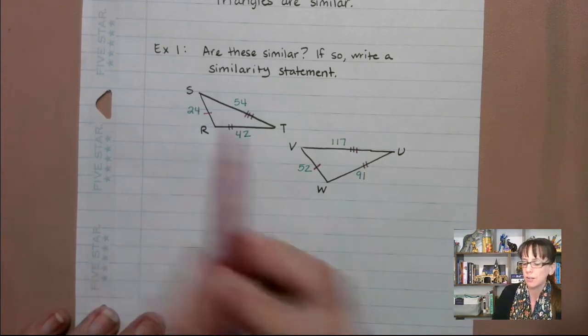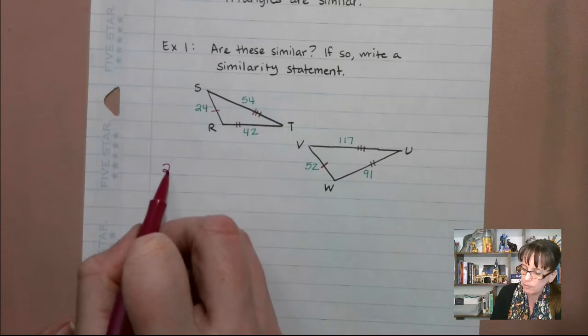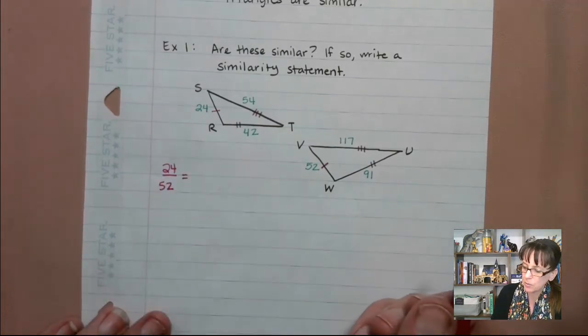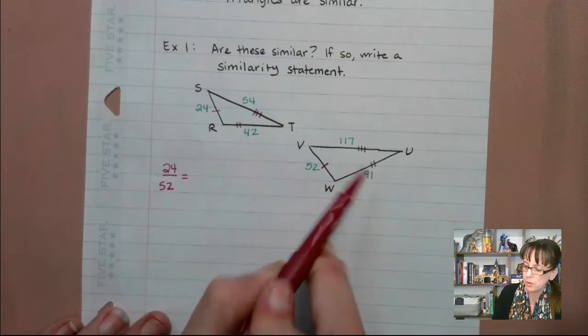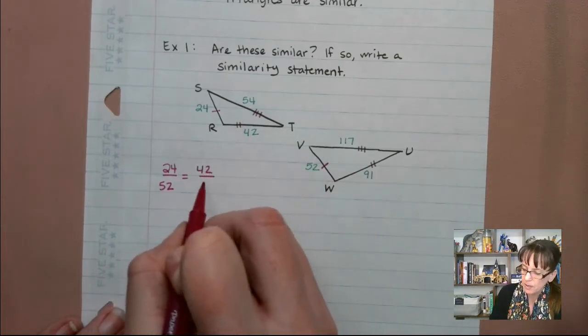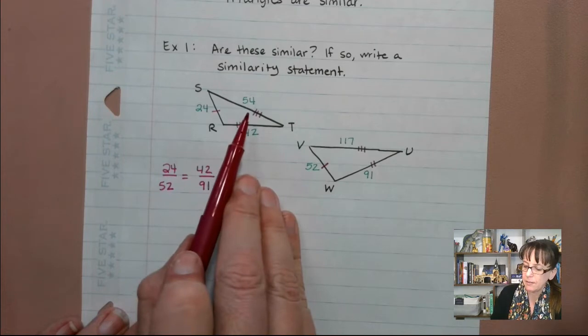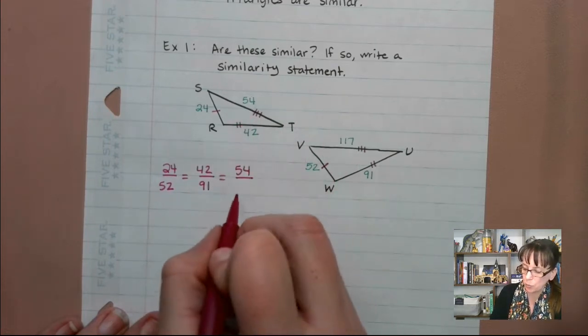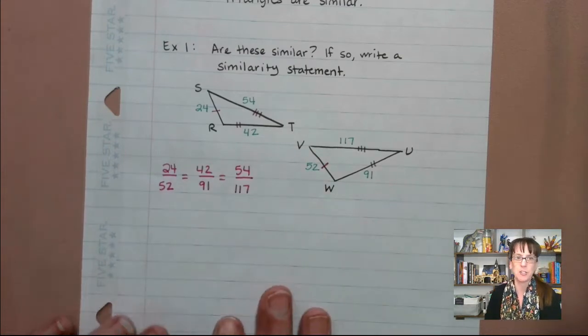So when I compare these, I'm going to say 24 over 52. Is that equal to 42 over 91 and 54 over 117? What I could do is reduce all of these fractions.